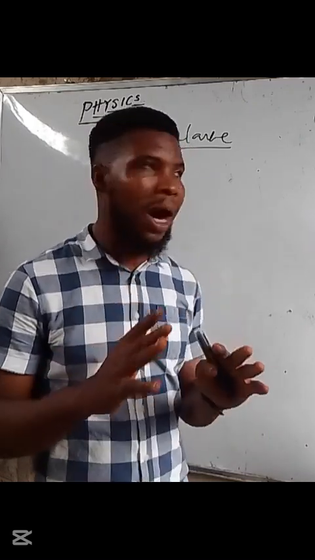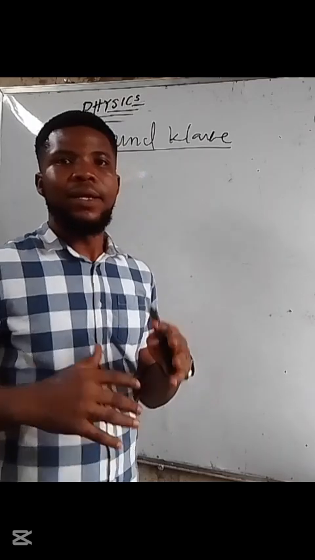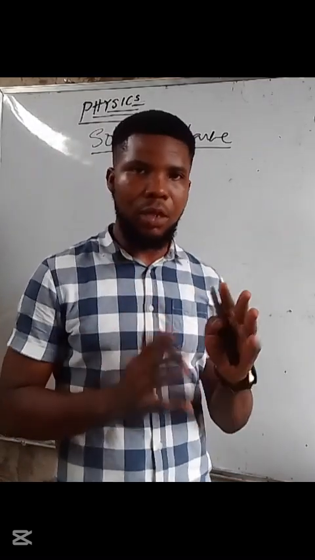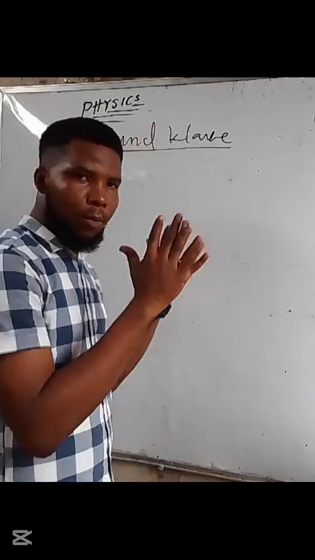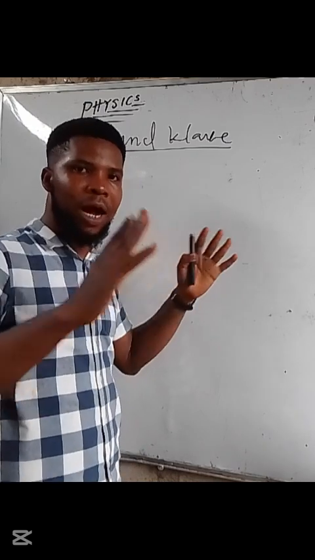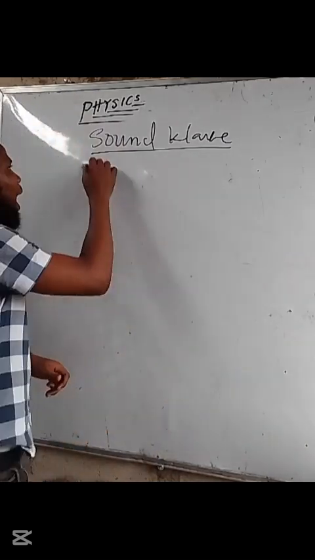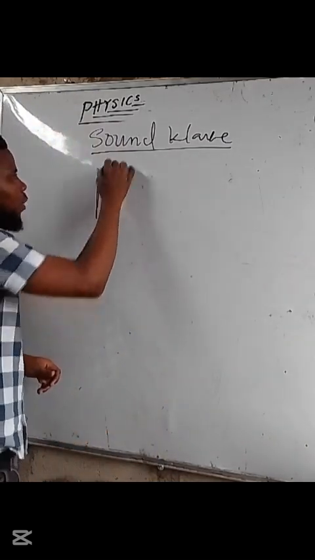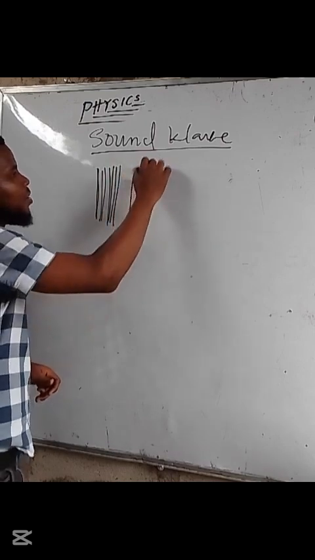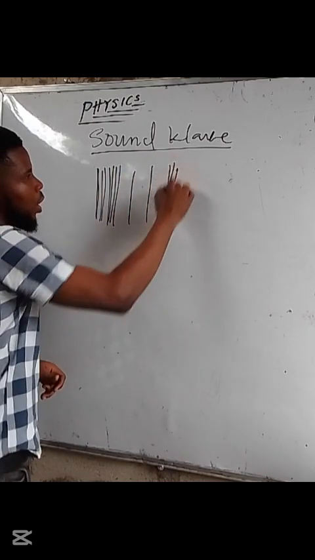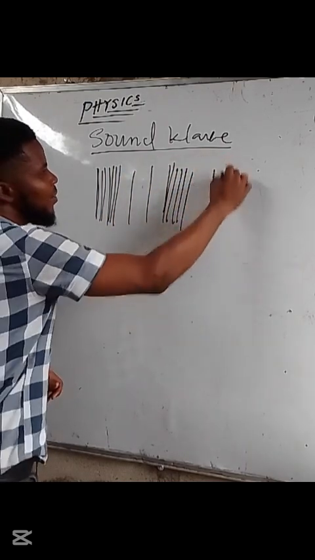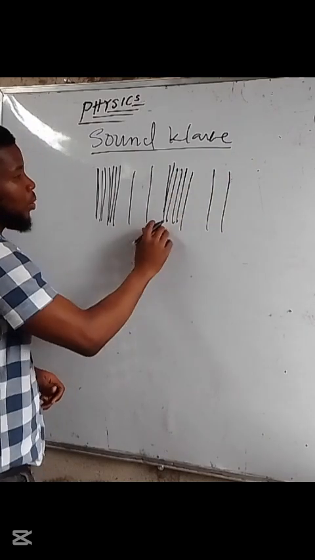So in sound wave, what happens in air is that the air is vibrating. So there's a kind of compression of air molecules and rarefaction of air molecules. So you have a compression in this form, and you have a rarefaction, then a compression, a rarefaction, a compression, a rarefaction.